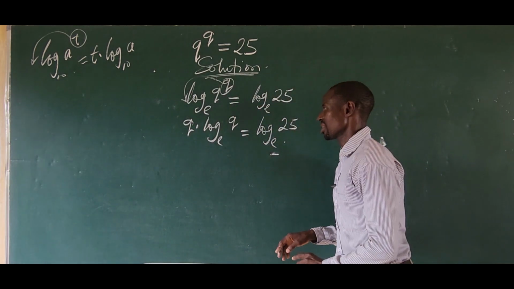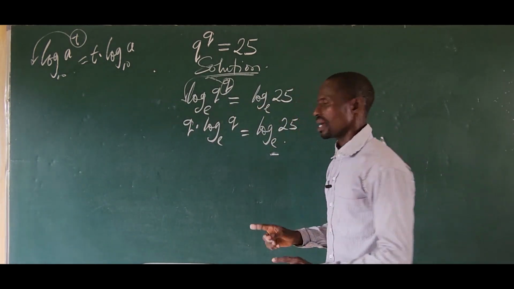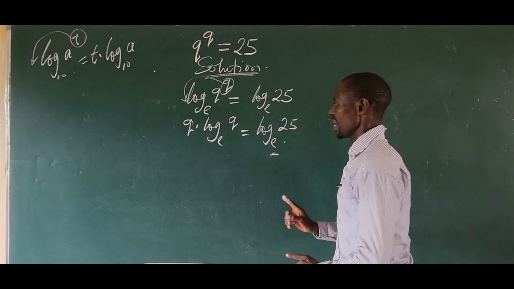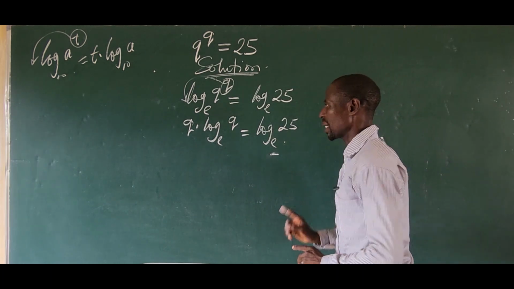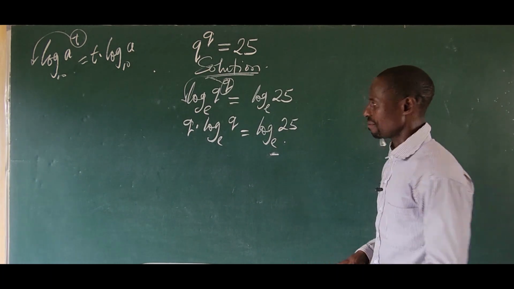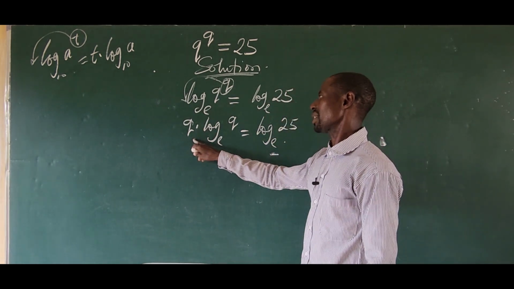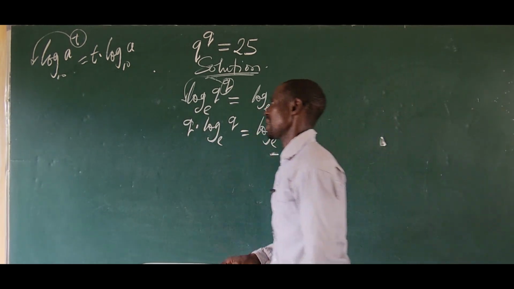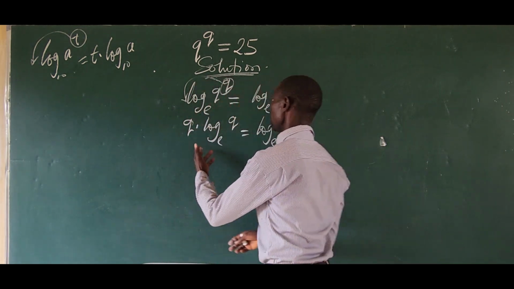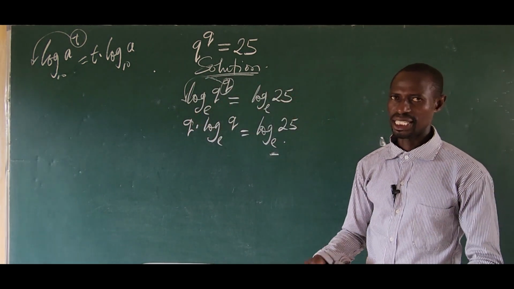So we look at this carefully. Bear in mind that I said we'll be invoking the Lambert W function. For us to do that, we just have to rewrite this q. And how do we rewrite this q? By bringing in log base e into the system.